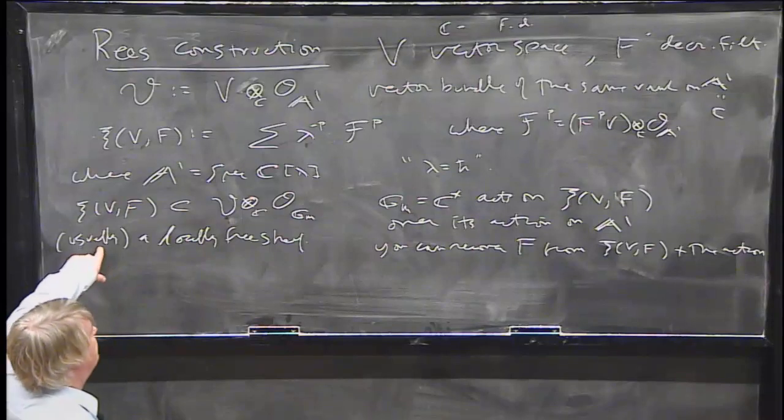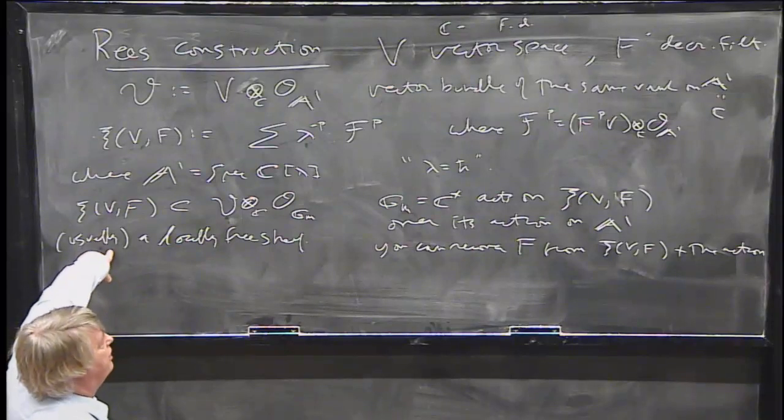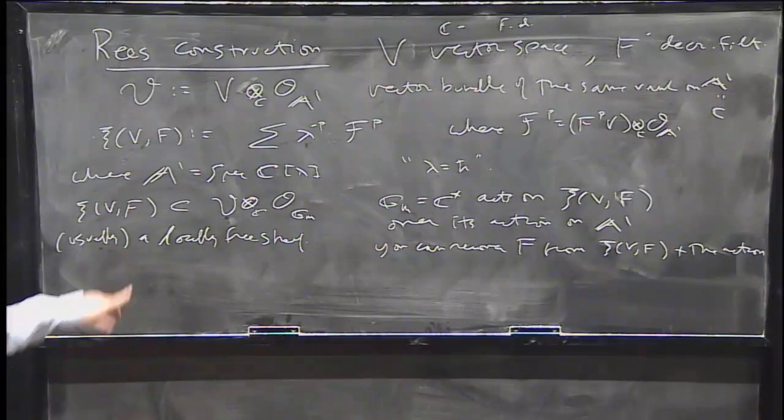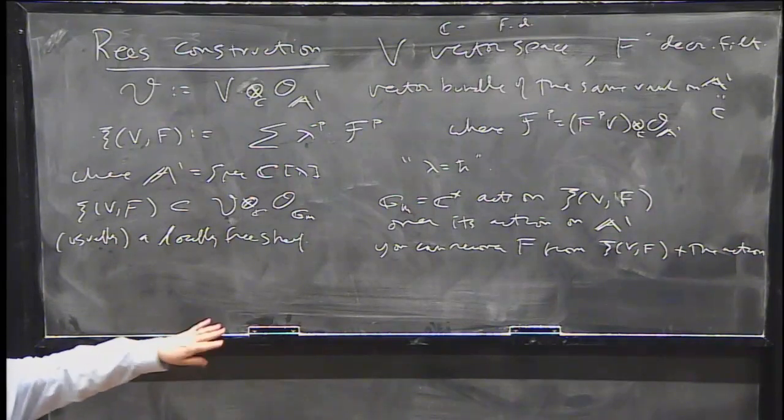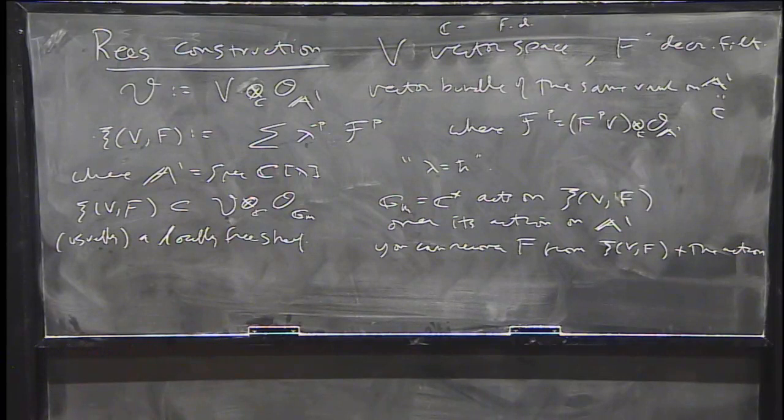Why did I say usually? Well, it depends on your definition of filtration. If by a filtration you mean something that starts at 0 and becomes the full space, then that's true. If it started at something which wasn't 0 for some reason, that wouldn't be true. But let's just assume by a filtration we mean a usual kind of filtration.